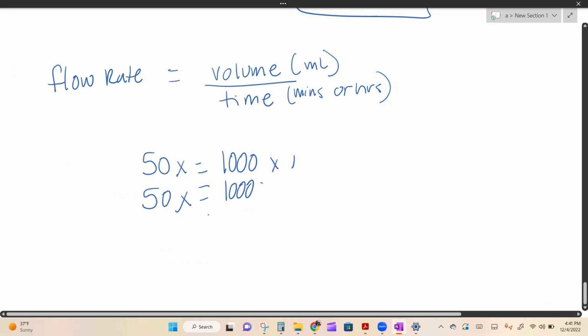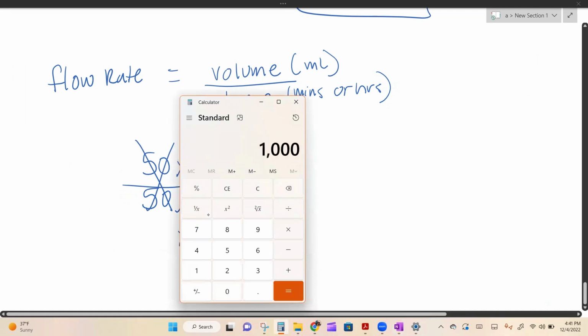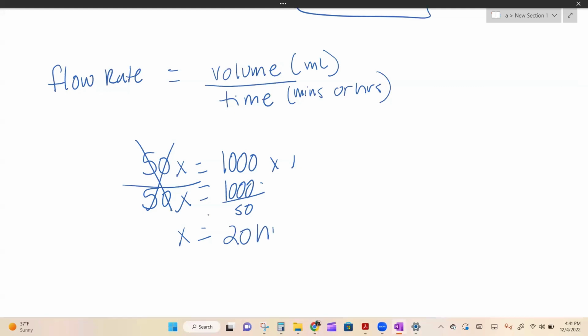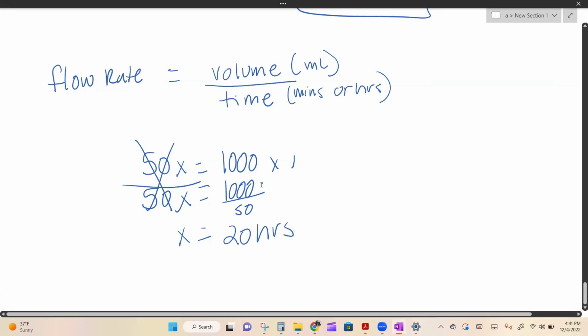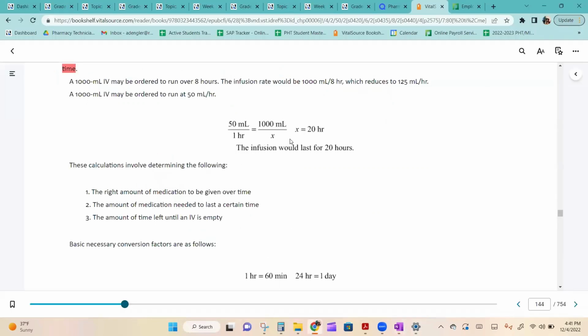And we want to get x alone, so we're going to divide both sides by 50. Now we have x, and then of course we have to divide that by 50, which would give us 20 hours. And I didn't set up the proportion, I just did the math, but this is exactly how the proportion would be set up.